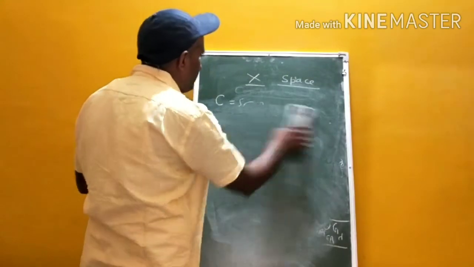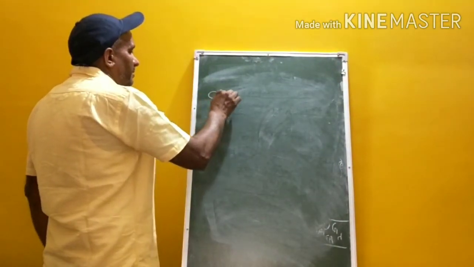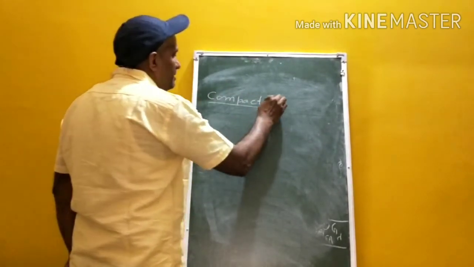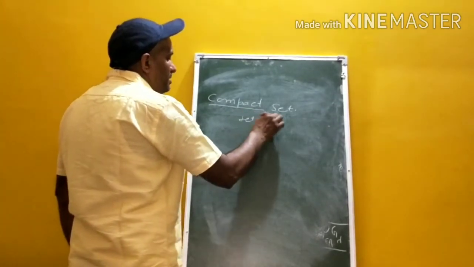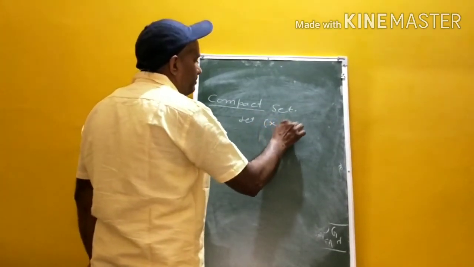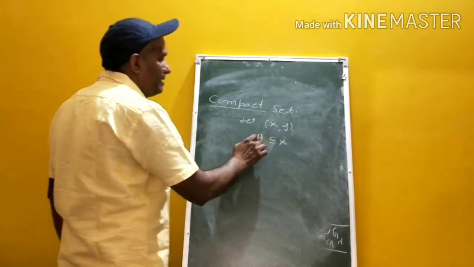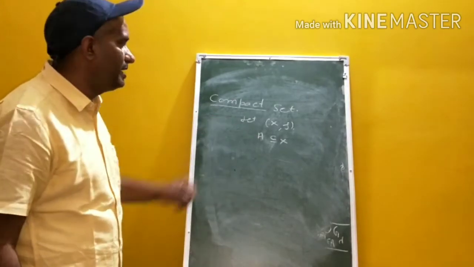Now we come to the definition of a compact set. Let X be a topological space and A a subset of X. Then A is said to be compact if every open cover of A has a finite subcover.